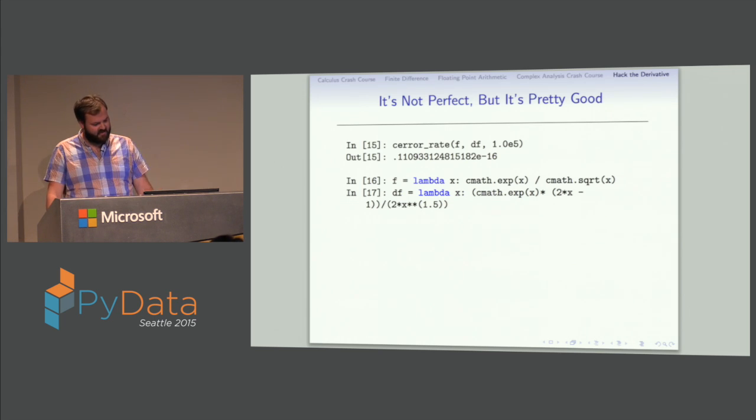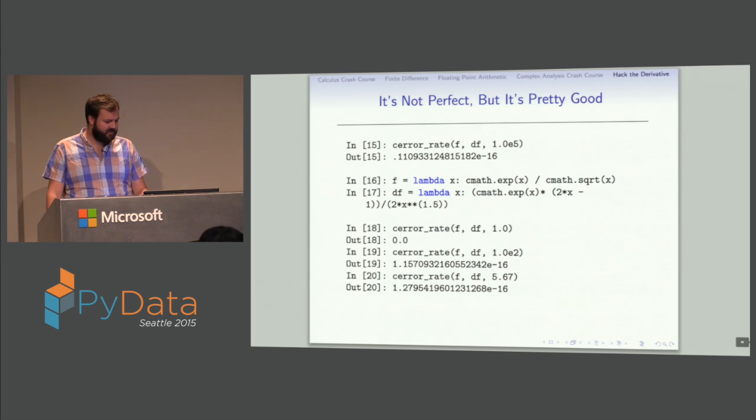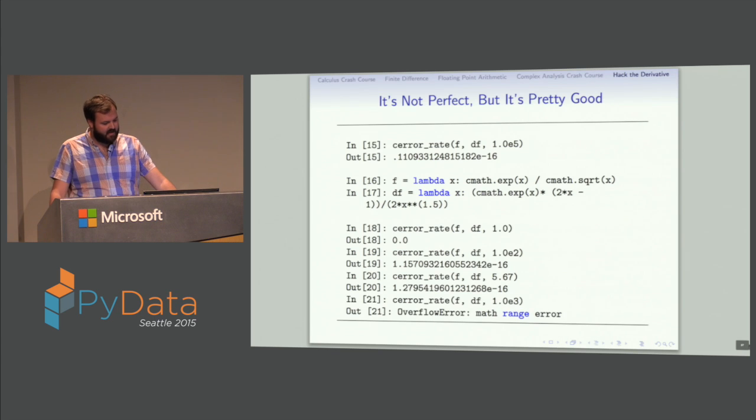And so that came out. So that one at 1.0, you get no error, but at 10, you get a little bit of an error. At like 5.67, I threw something in there, you get a little bit of an error. If you go up to just 100, or rather 1,000, you get an overflow error.